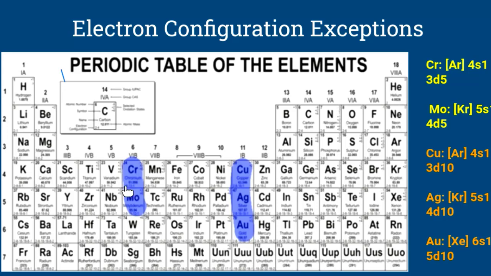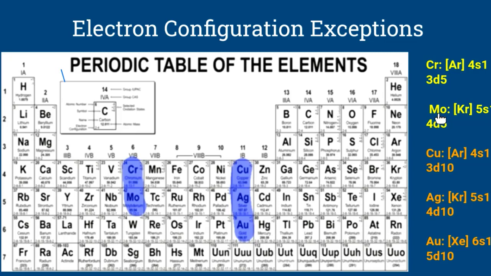The reason that the electron from the 4s and the 5s jumps up to the d shell is because electrons would rather have either a fully filled shell or a half filled shell. So when the electron from the 4s shell jumps up to the d shell, it gives chromium and molybdenum a half filled d shell.